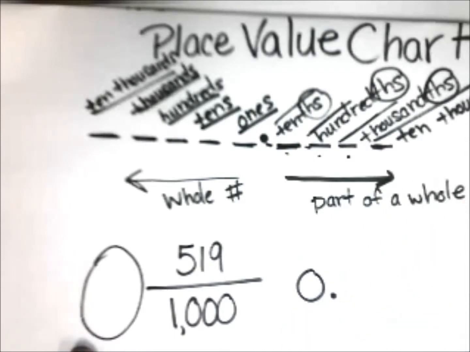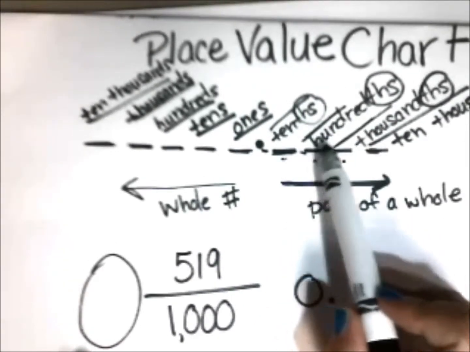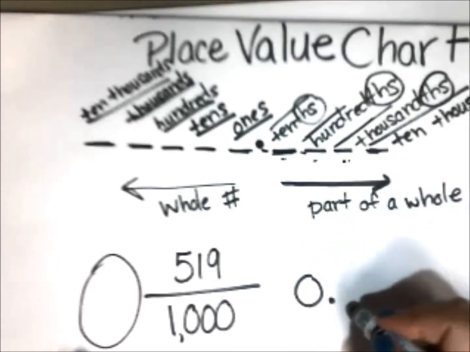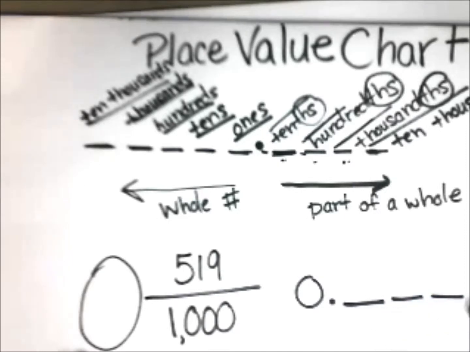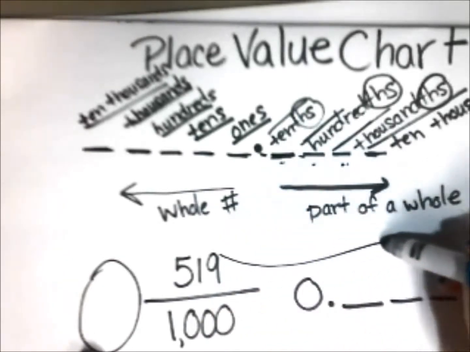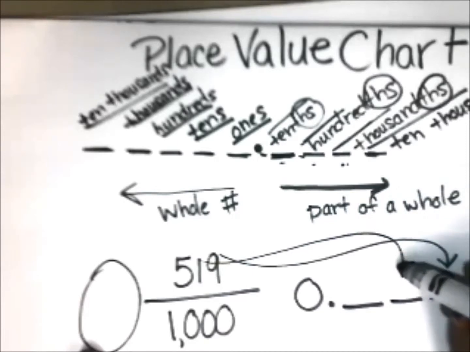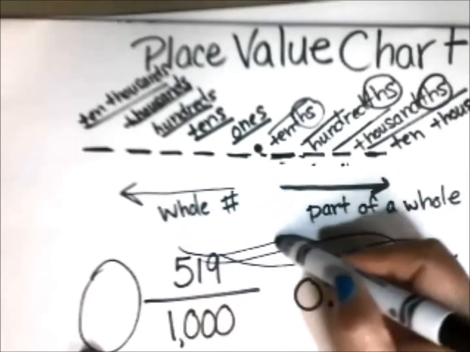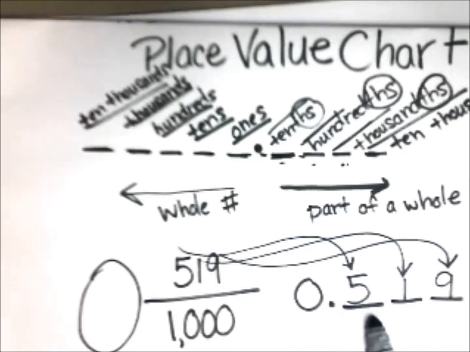So I'm looking for that thousandths place. When I come up to my chart, this is tenths, hundredths, and thousandths. So I need to make 3 spots here. Now I have 3 spots that I need to fill with 3 digits, and I like to fill from the back. So I'm going to bring the 9 here, and I'm going to bring the 1 here, and I'm going to bring the 5 here. So this says 519 thousandths.